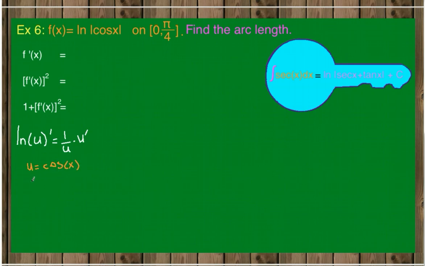So what is the derivative of cosine of x? u prime will be negative sine of x. So if we put everything here, 1 over cosine of x times negative sine of x will give us negative sine x over cosine of x.